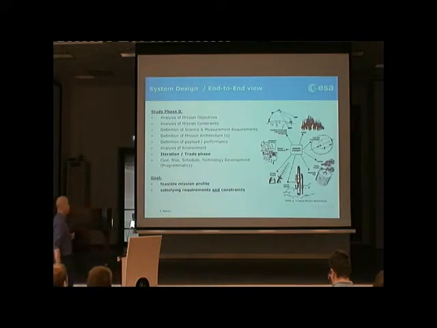Typical missions, for example ESA missions, are divided into several phases of studies, and the first study you make is a phase 0 study. In this phase 0 study, first of all, you make an analysis of mission objectives.